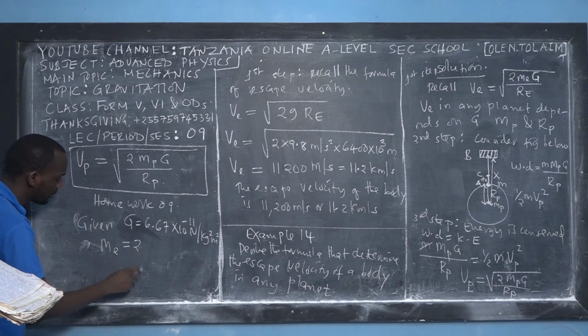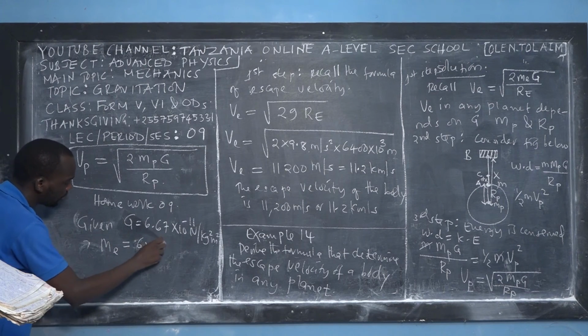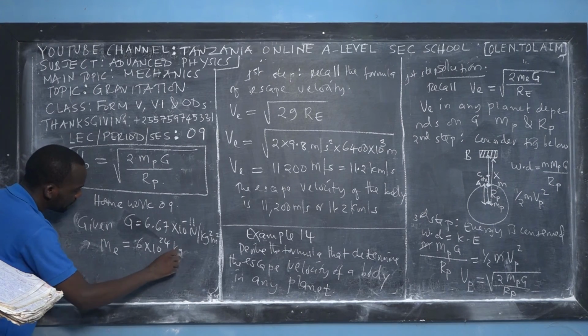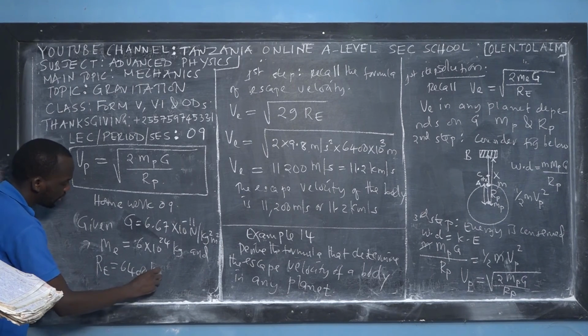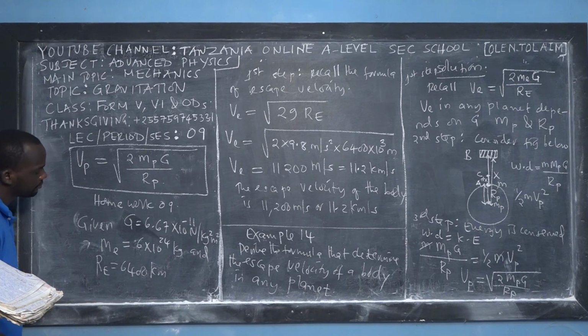It is 6 times 10 to the 24 kilogram. And also you are given the radius of the Earth, equal to 6,400 kilometers.